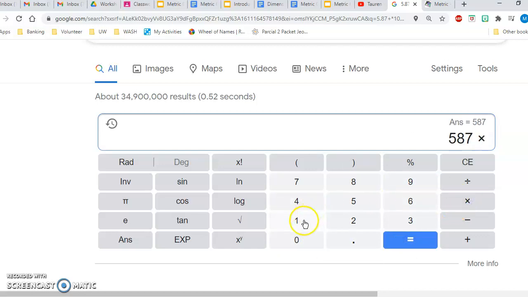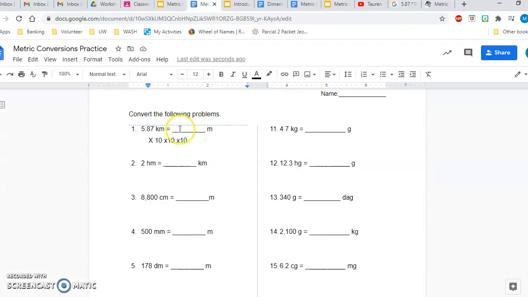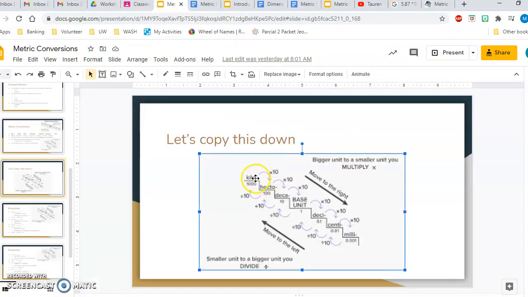If we multiply by 10 one more time, it is 5870. So 5870 is our answer. All we did was multiply our initial number by 10, and we did it 3 times because we went down 3 steps. We started at kilo and went down 1, 2, 3.